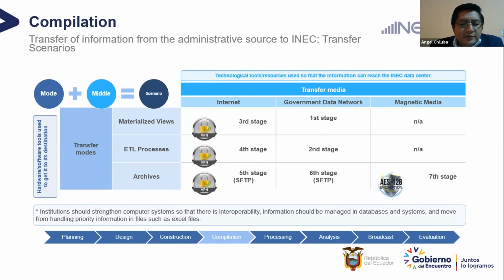But how do we request data from state institutions? We carry out an information request approach to the external institution, where we present 7 data transfer scenarios, which are composed of a technological mode and medium, which when joined become a data transfer scenario used to exchange data between both institutions.